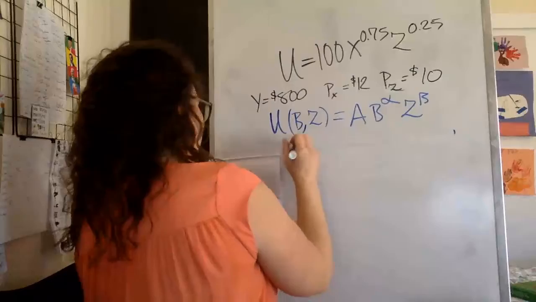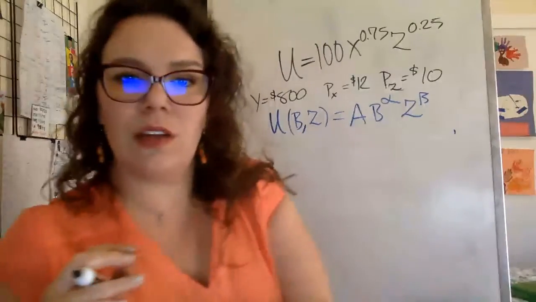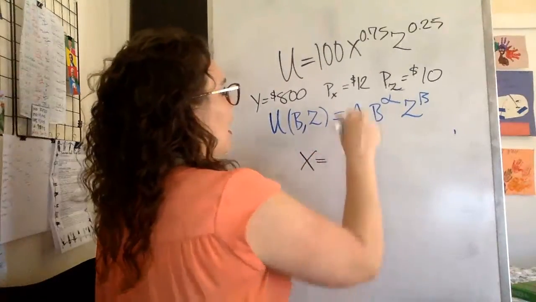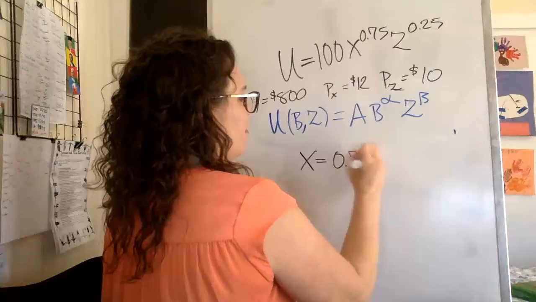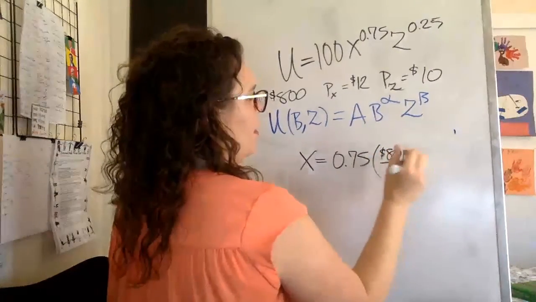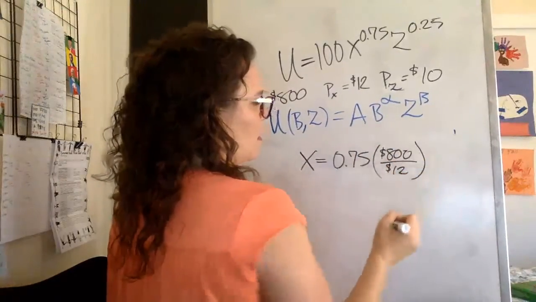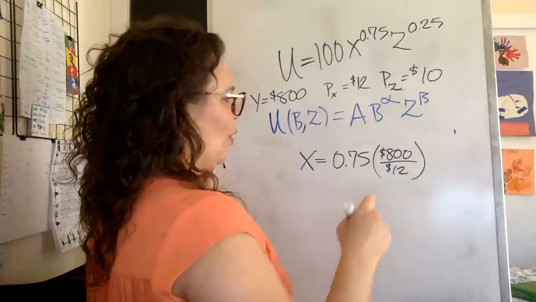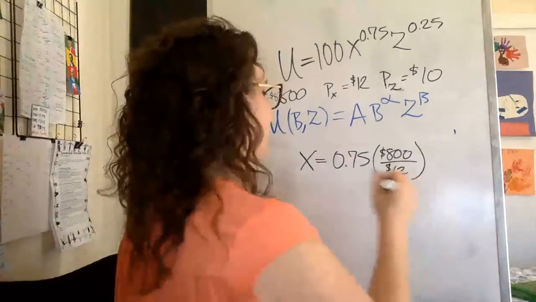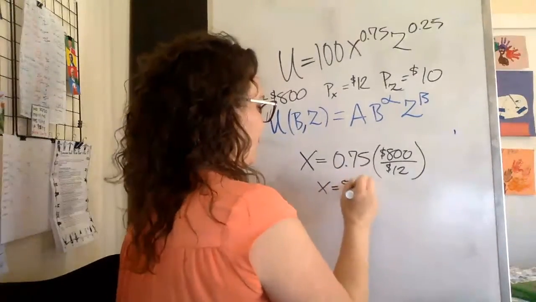So that means that we can solve for the demand of X as 0.75 times 800 divided by the price of X. So 800 divided by 12 times 0.75 gives you the demand for X for this individual, which is 50.